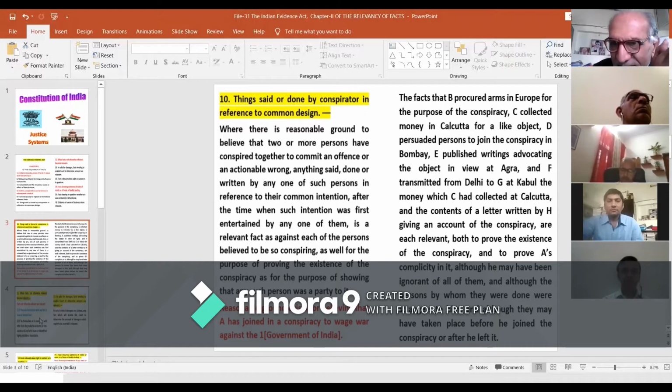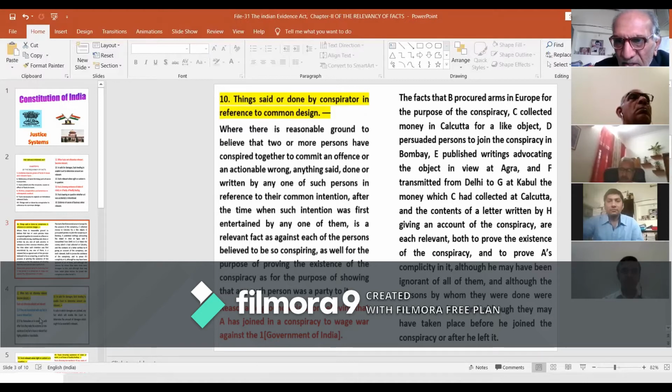And this relevancy would mean permissibility for an evidence, and permissible evidence would mean it will become the basis to prove the offense of a conspiracy, and that will be against all the conspirators.